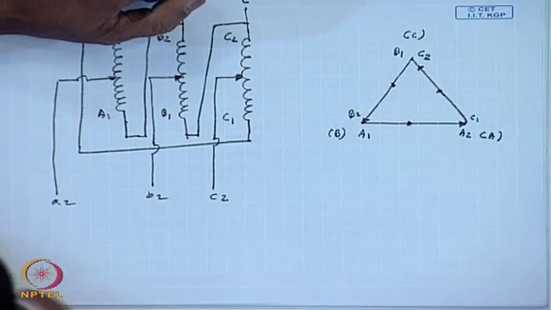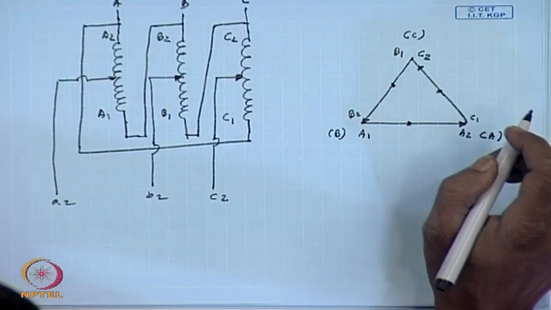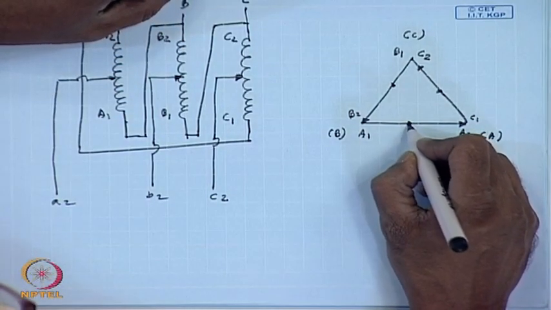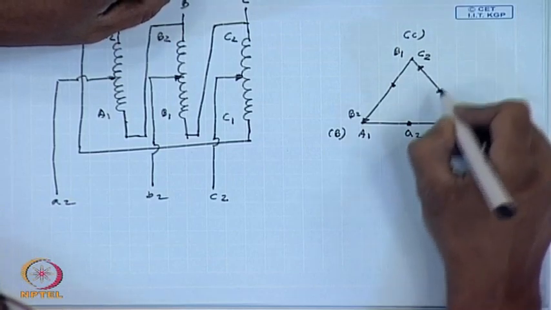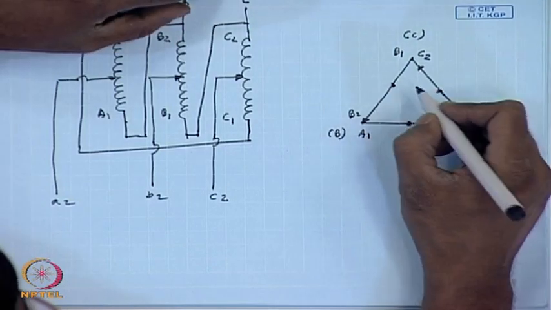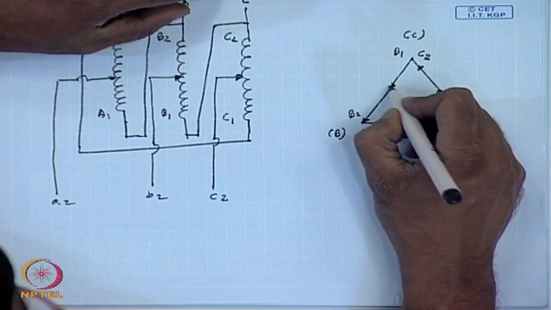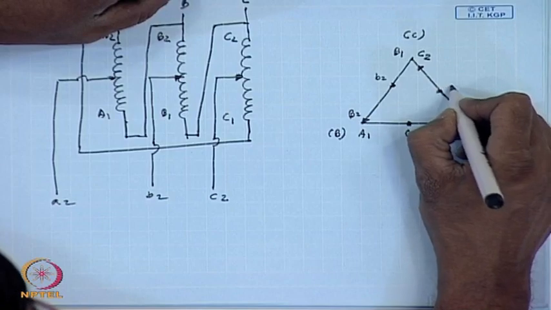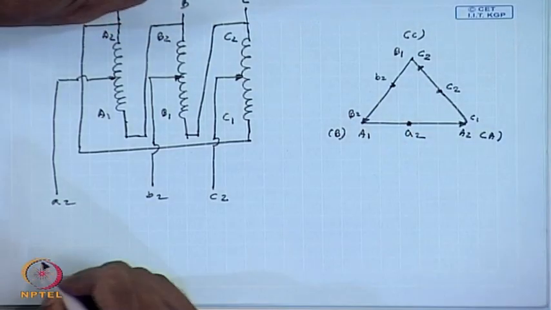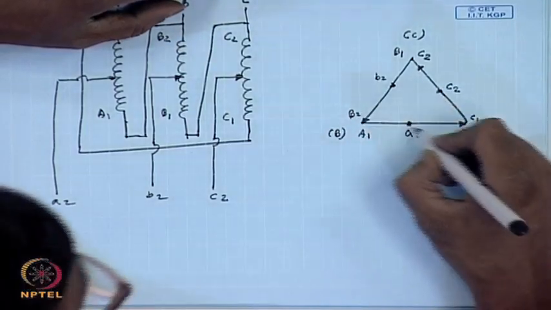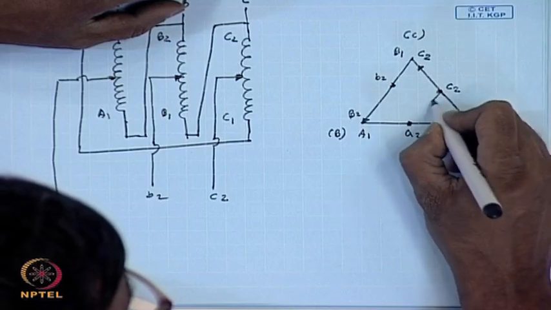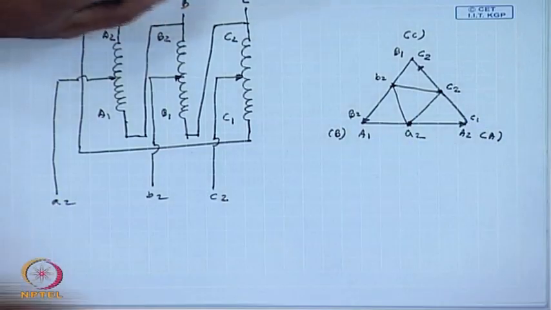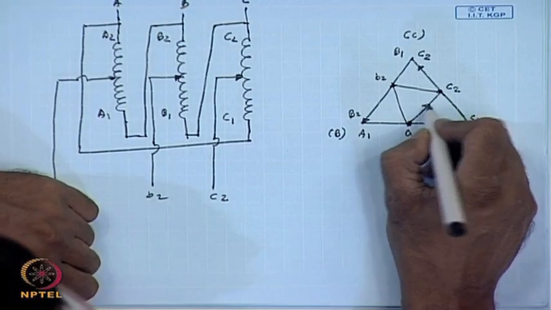So, the voltages, this is the point A2, this is the point B2, and this is the point C2. This is the phasor diagram.